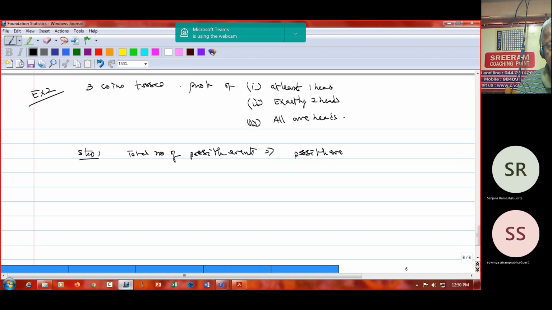Possible events to the power of number of items. What is a possible event? 2 possible events. The number of times you toss is 3. So it is 8.